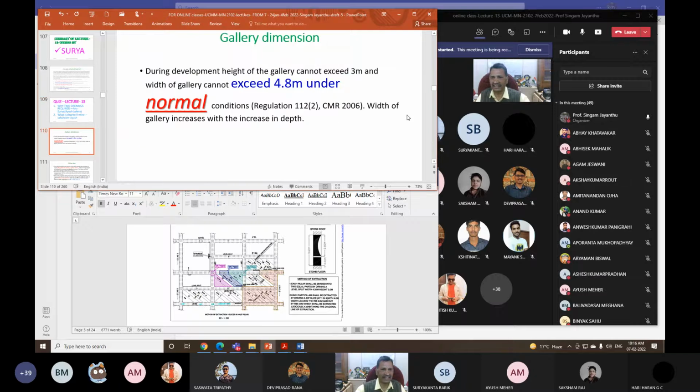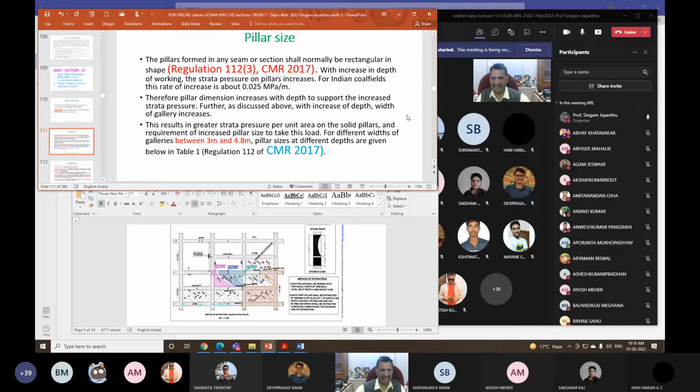And in the next class, I wish if you can find some time, go through these regulations of our coal mines regulations. Don't go by any spelling mistakes here and there, but that is the recent Coal Mines Regulations 2017 about gallery dimensions and pillar sizes.